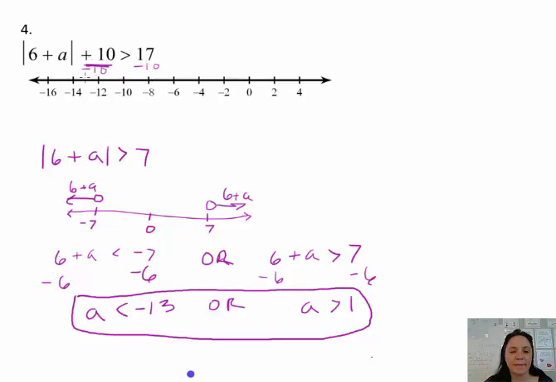I have negative 13 right about here, and 1 right about here. We're going off to the side, so let's grab a nice fat color, and off we go this way, and off we go that way, and there we go. We have our final graph done. So I hope this helps you remember how to set up and solve your absolute value inequalities.